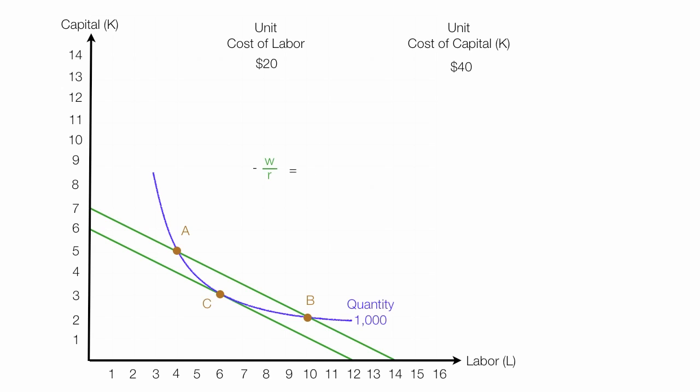Ratio of wages to the rate of capital is equal to the change of capital divided by the change of labor. I should put negative signs in there. So take 20 divided by 40 is equal to 6 divided by 12, which is equal to 1/2. 1 divided by 2.